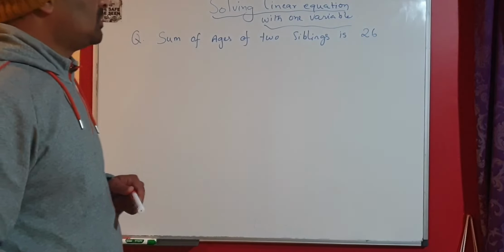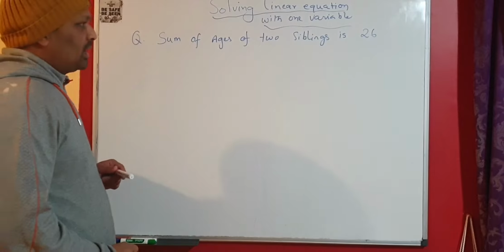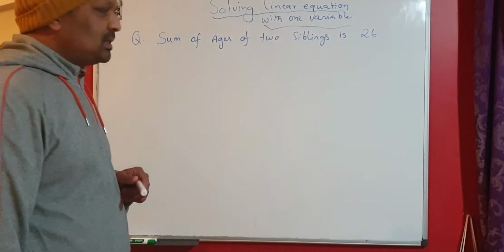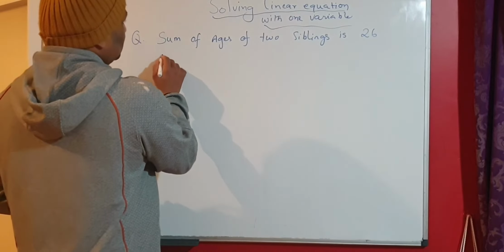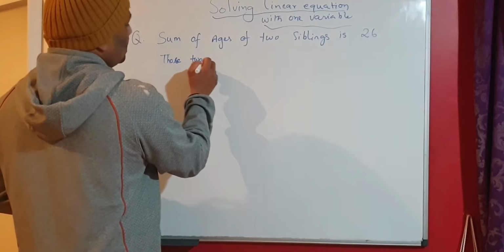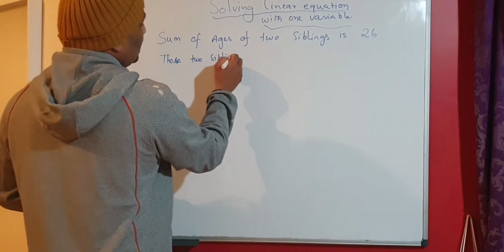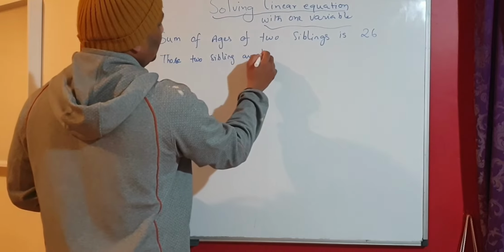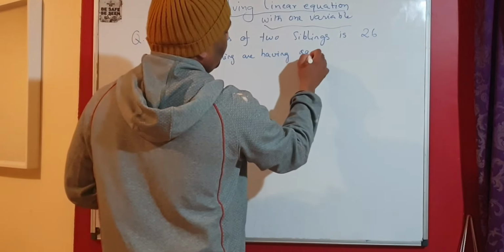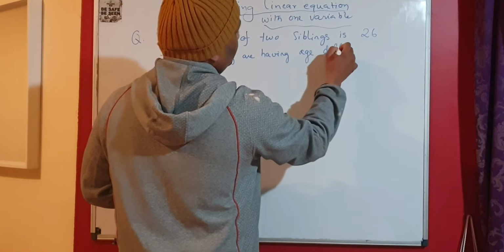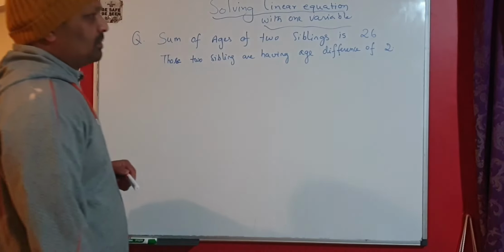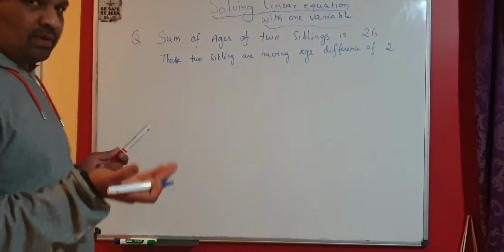That is one condition. And the other condition is those two siblings are having an age difference of 2. So they have an age difference of 2.